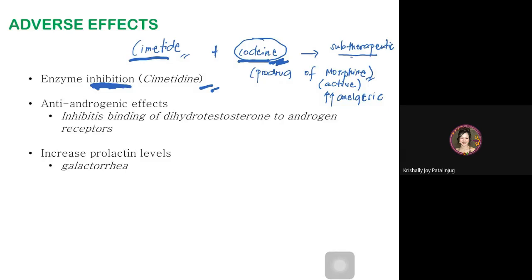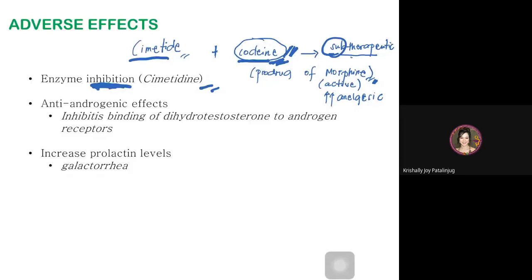So, kung ma-inhibit ang metabolism ng codeine to its active form, mag-retain lang siya to codeine. And codeine has lesser analgesic effect compared to morphine. That's why subtherapeutic lang ang ma-offer ng drug towards sa patient. So that's why naa siya diri adverse effect ng cimetidine, enzyme inhibition. So, more siyang drug-to-drug interaction nga kailangan i-consider.